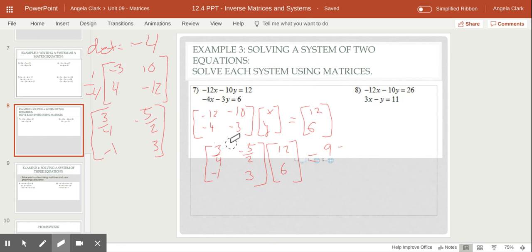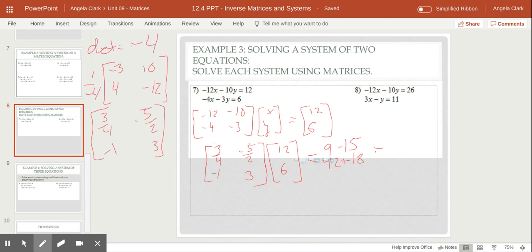This times this, and then this times this. You're probably all screaming at the screen already. Negative 5/2 times 6, so that would be 5 times 3, so that's negative 15. And then for the bottom one, we have negative 1 times 12 is negative 12. 3 times 6 is 18.